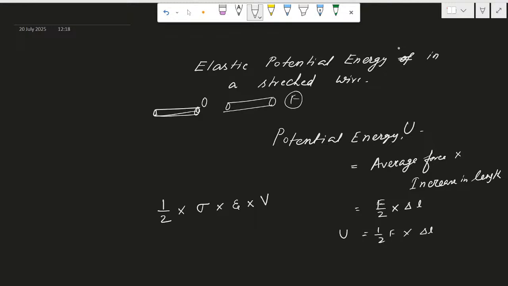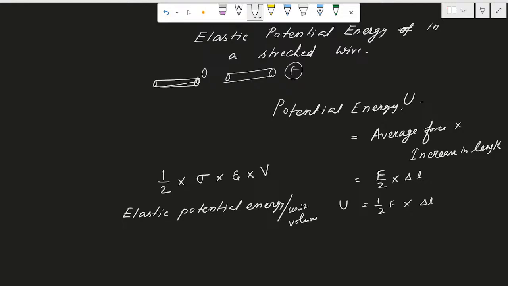Now this is for total volume. Now if I want elastic potential energy per unit volume, this V gets cancelled, so we'll have half into sigma into epsilon.